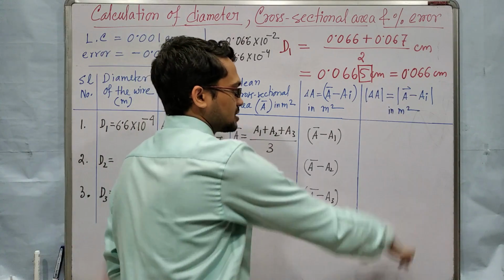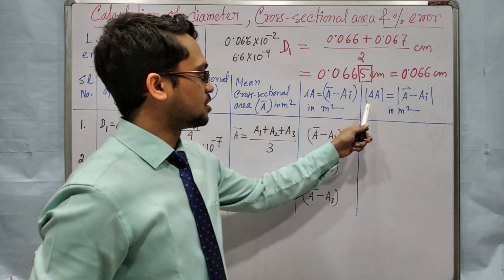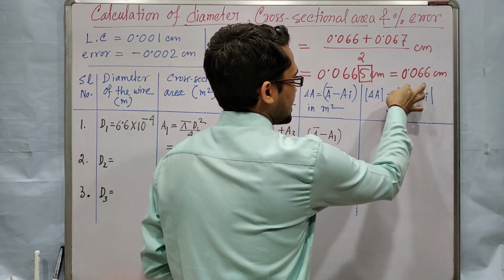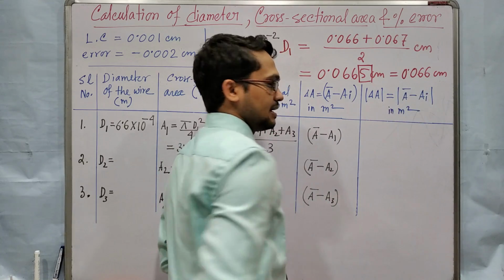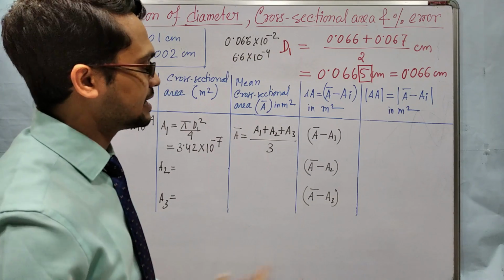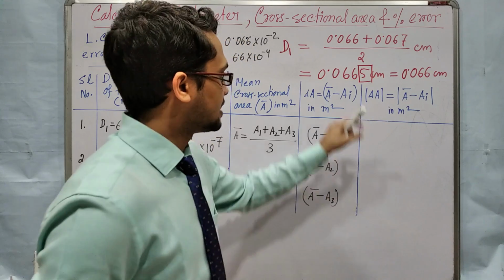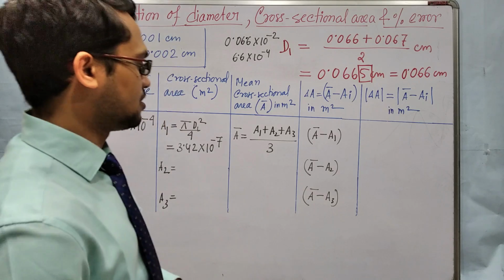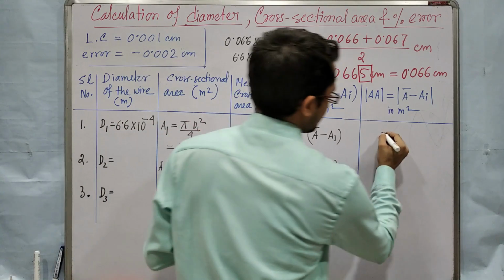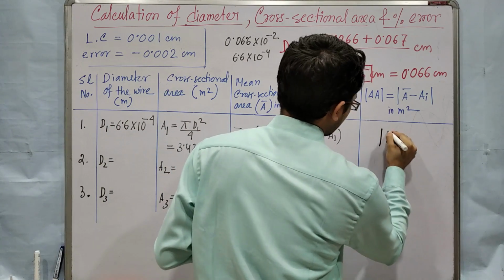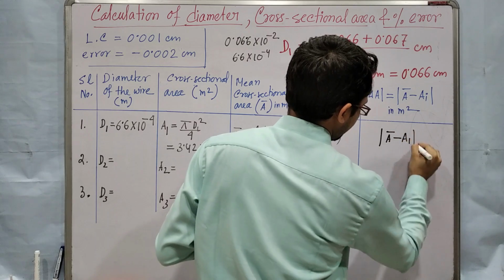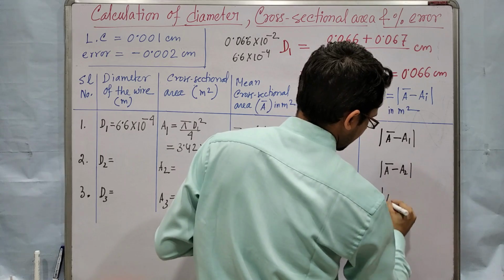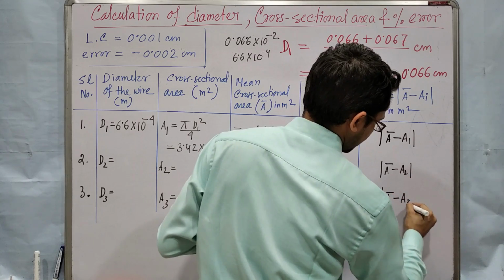Now come to the fourth column. In the fourth column, this is the mod sign, mod delta A, that is mod of A bar minus A i. A bar means A average, or mean A, minus A i. Mod means only magnitude, no negative sign. So we will take the mod: A average minus A1, then A average minus A2, and then A average minus A3.